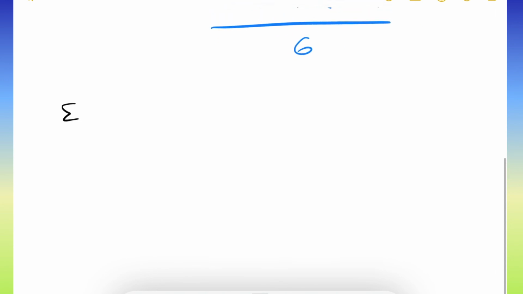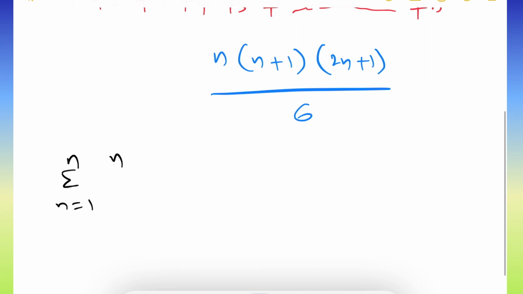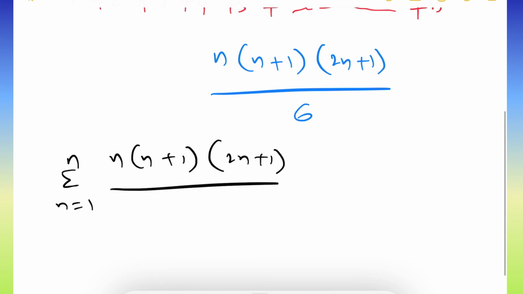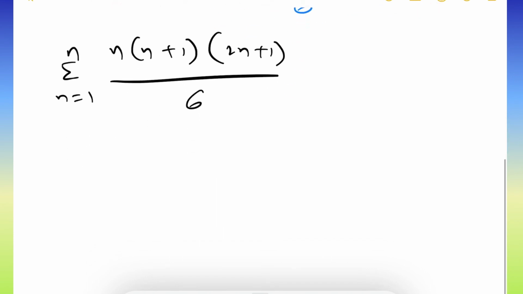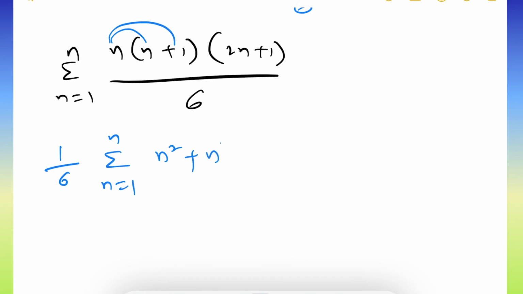Sigma n equals 1 to n of n into (n plus 1) into (2n plus 1) whole divided by 6. Here in the denominator 6 is there, so bring it outside. We get 1 by 6 summation n equals 1 to n. Let us multiply: n into (n square plus n) into 1, n times (2n plus 1).